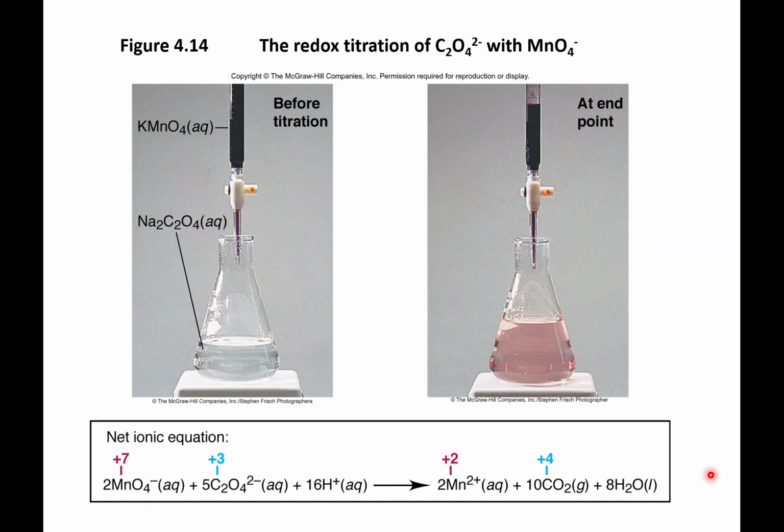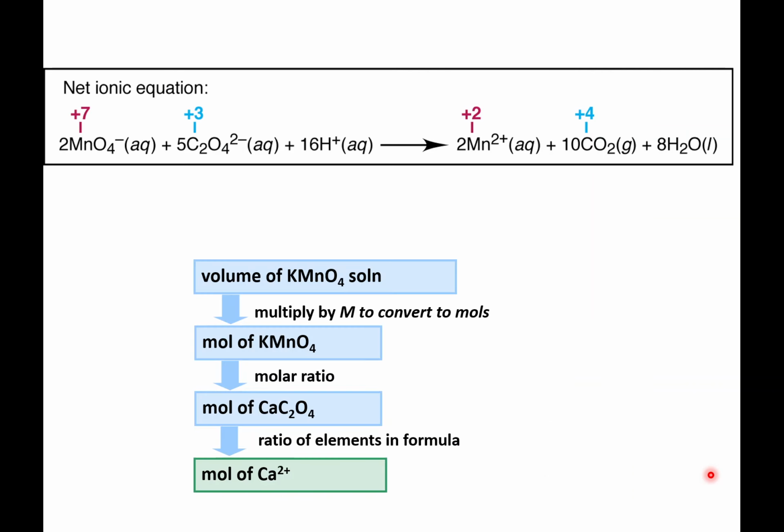Okay. You would solve these as you would any other titrations. You would have a volume of your solution that you find in the titration. You multiply by the concentration of that solution to convert it to the moles of that compound. Then you would use the molar ratio that you have up here in your balanced chemical equation.